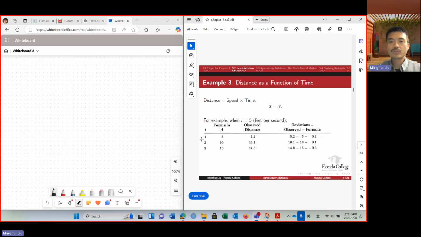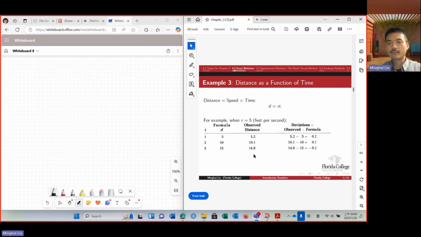And when t equals 2, again, the theoretical value would be 10. You might observe something like 10.1. Again, there is a small difference, 0.1. Again, this means what we observe is close to, but not exactly equal to the theoretical value. And when t equals 3, the formula value is 15.